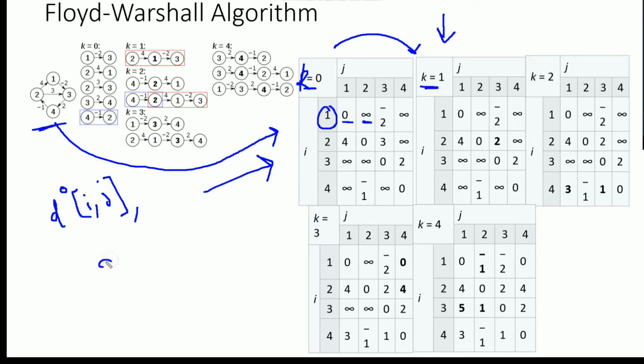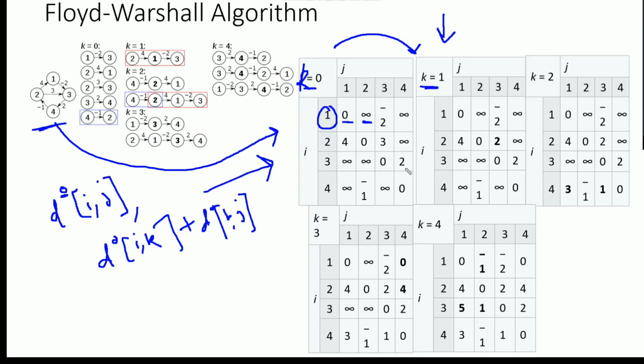or it will be i to k plus k to j. This represents the vertex connection without having any intermediate.